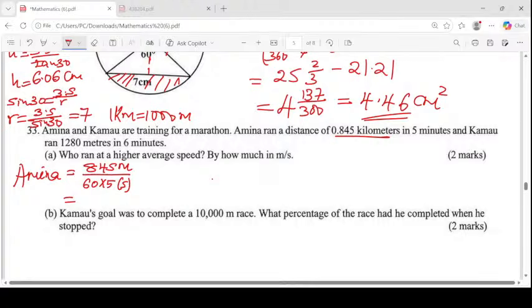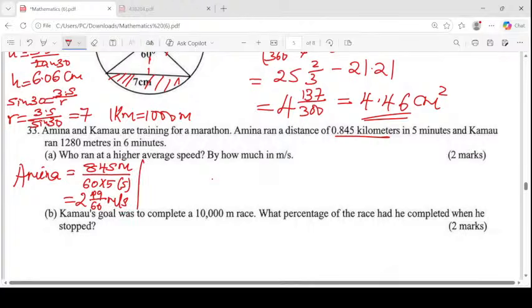That is like saying 845 divided by 300. This is a speed of 2 whole number 49/60 meters per second. That is for Amin.